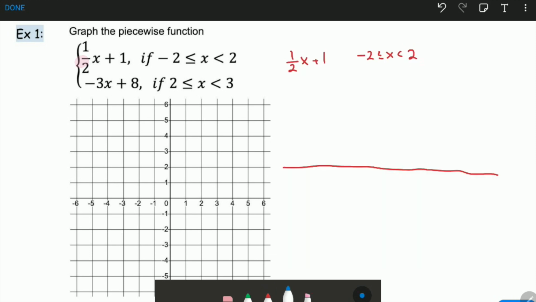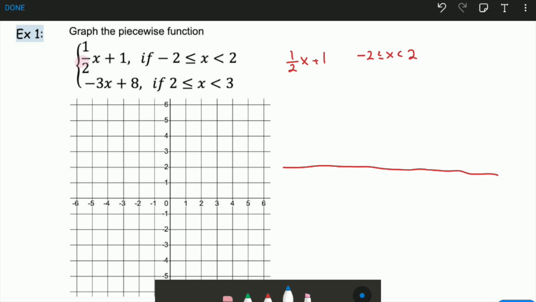In order to graph this, we need to make sure we find the endpoints for each of the segments, and that we have at least 2 points to be able to graph it. And then we also need to check for inclusion versus not inclusion.